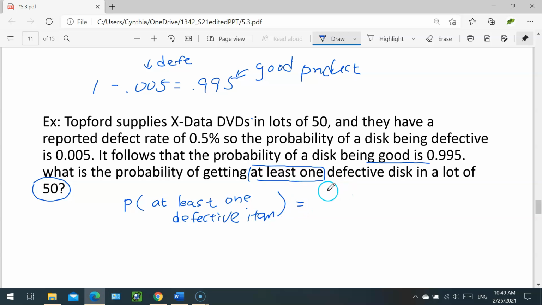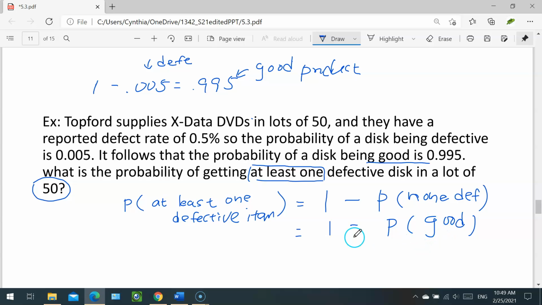We simply use the 1 minus the probability of a non-defective item. Non-defective has the same meaning as good. There's nothing wrong with the item. That will be the probability of the good item.